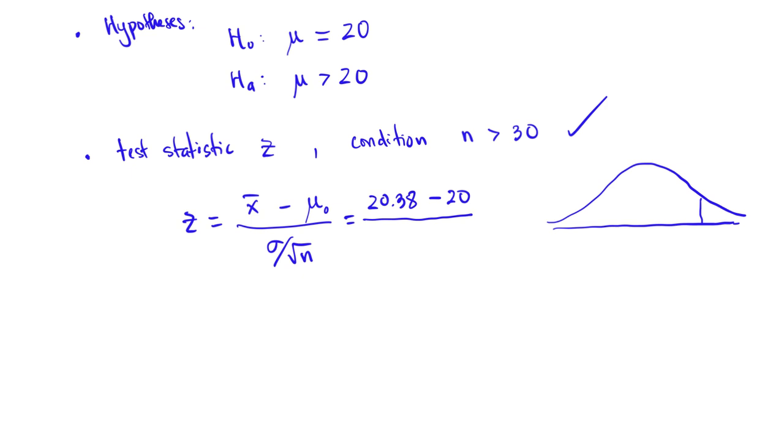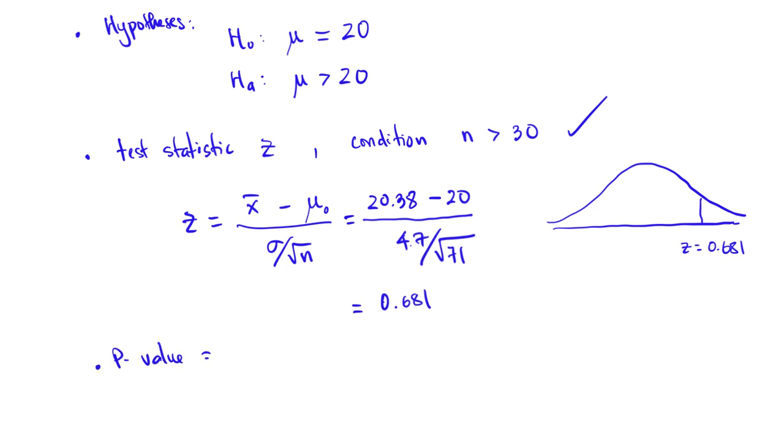Sigma is given, 4.7, divided by the square root of n, which is 71. Plug this in a calculator, we will get 0.681 for the z-test statistic. Z equals 0.681.